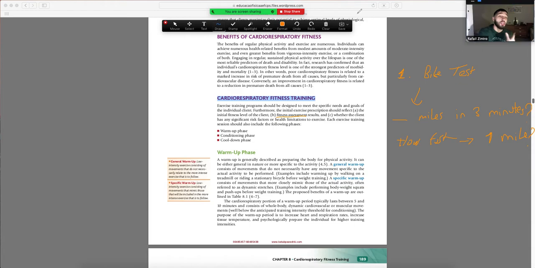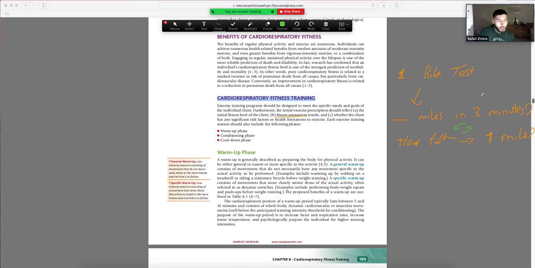You could even give this option to your client. You could say, hey, listen, I know you're just starting out, and I'm just trying to find out where you are right now. We'll look into everything you've put down on the PARQ as well. So why don't you choose? It's up to you. Do you want to do however many miles in the 3 minutes, the time frame, or do you want to do 1 mile and see how fast you can do it? See if you can improve that time later on, or the miles.